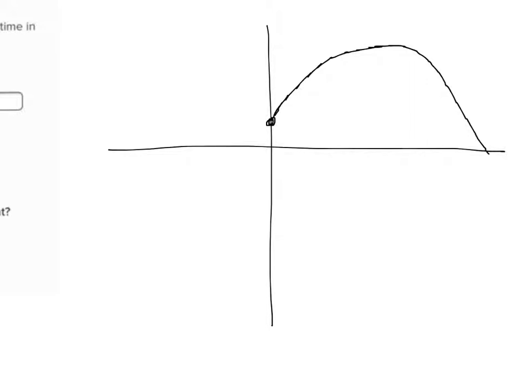Now, the y-intercept in a function is always your starting point. Say starting point. So in math, the y-intercept is always the starting point. Okay? Now, where it touches the ground is also the x what? Intercept.